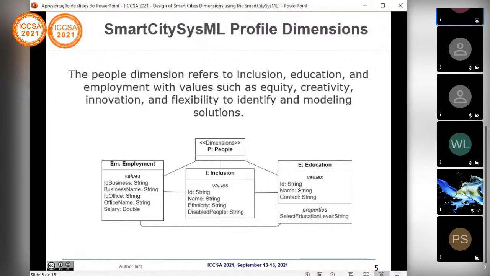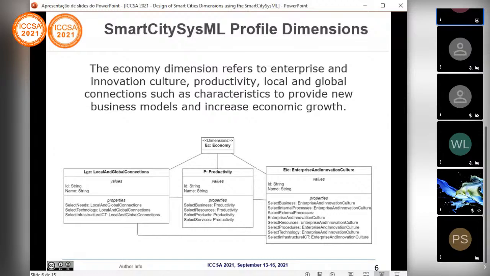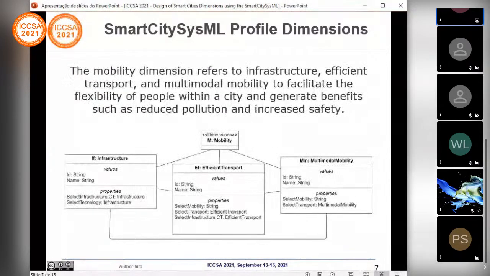The people dimension refers to inclusion, education, and employment, with values such as equity, creative innovation, and flexibility to identify and model solutions. The economic dimension refers to enterprise and innovation culture, productivity, and local and global connections, as characteristics to prove new business modeling and increase economic growth.